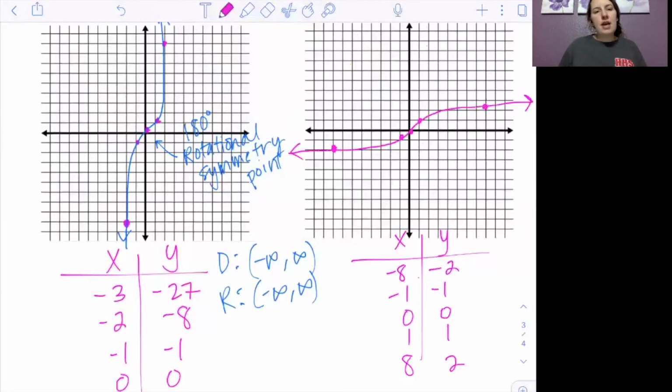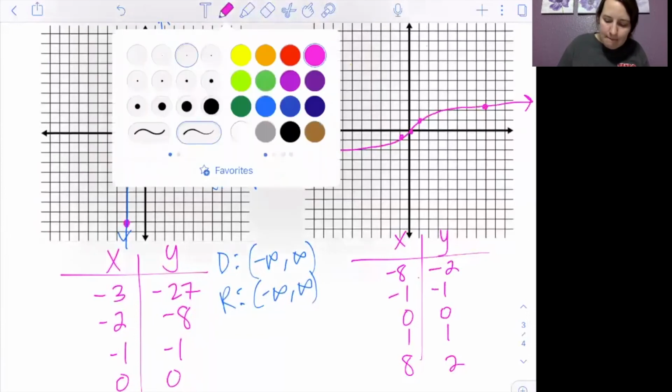You'll notice just like the cubic function, we start in the lower left, in quadrant number 3, and we move in a positive direction up and to the right, and our graph exits in quadrant number 1. So your parent functions will always start low on the left and exit high on the right. That's one way as you're looking at graphs to see the transformation. Just like our cubic function, we have domain and range of all real numbers.